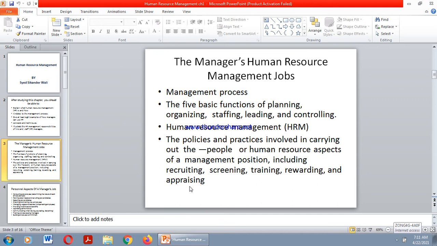In appraising, you will appraise their performance for a certain period of time. Then you give them salary increase, bonuses, or promotions. Hope you guys understand till this point.